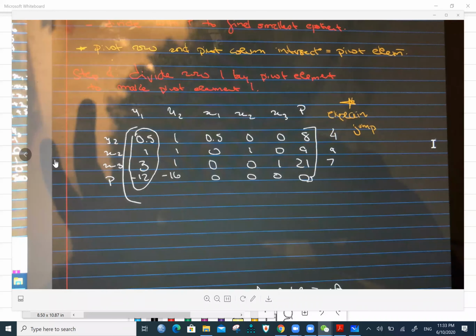Yeah, what is your question now? I don't understand how we have 0.5, 1, and 3 instead of 1, 1, 3, 12, since we only changed y2. No, if this matrix is correct, the pivot you wrote is incorrect. Your pivot column is the second one, because the most negative number is minus 16 in the bottom row, not minus 12.